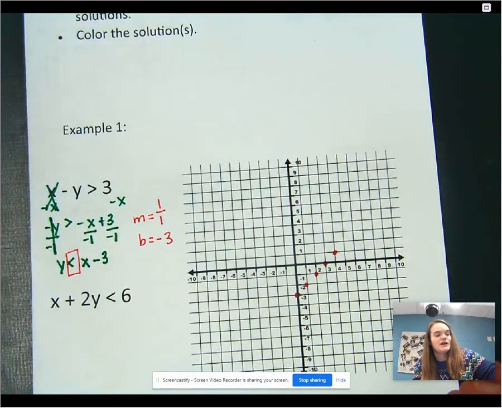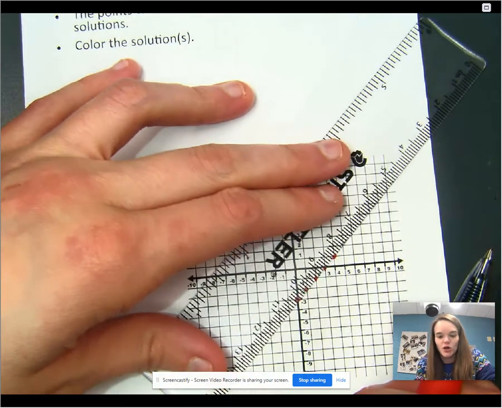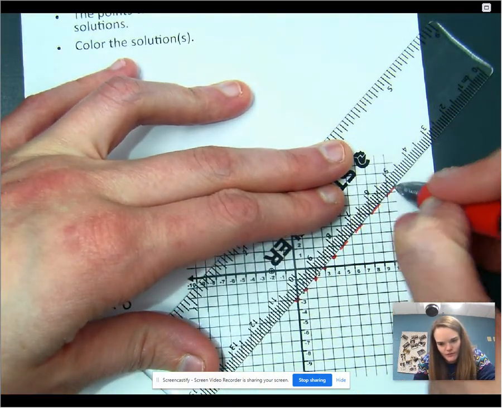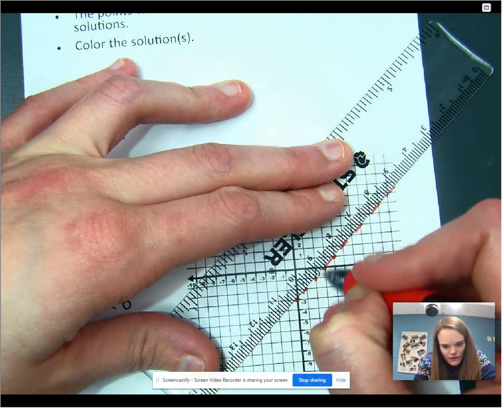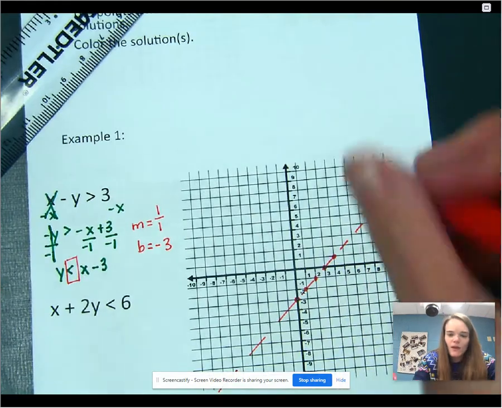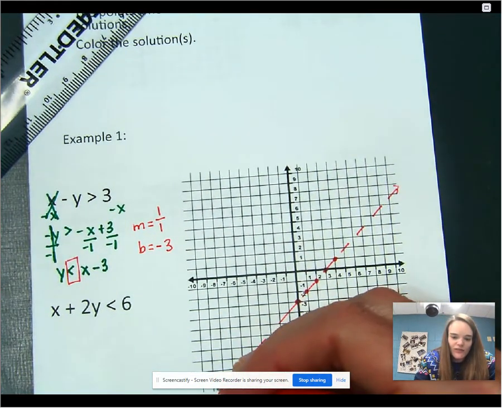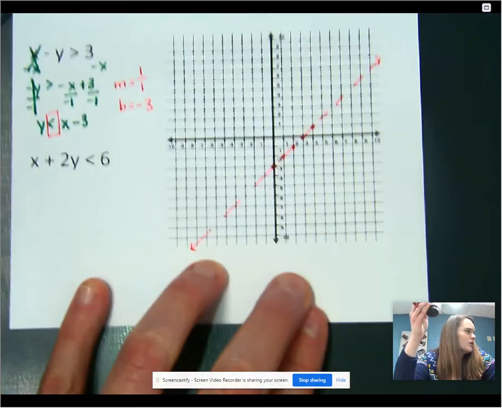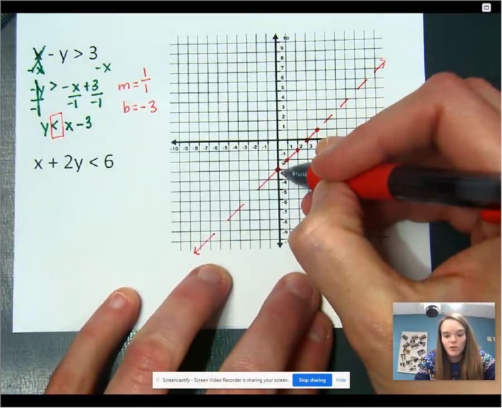That is a dashed line because there is no or equal to symbol. It is less than. If you didn't flip it, you would shade wrong. It's less than, so we are going to go to the y-axis and go below.